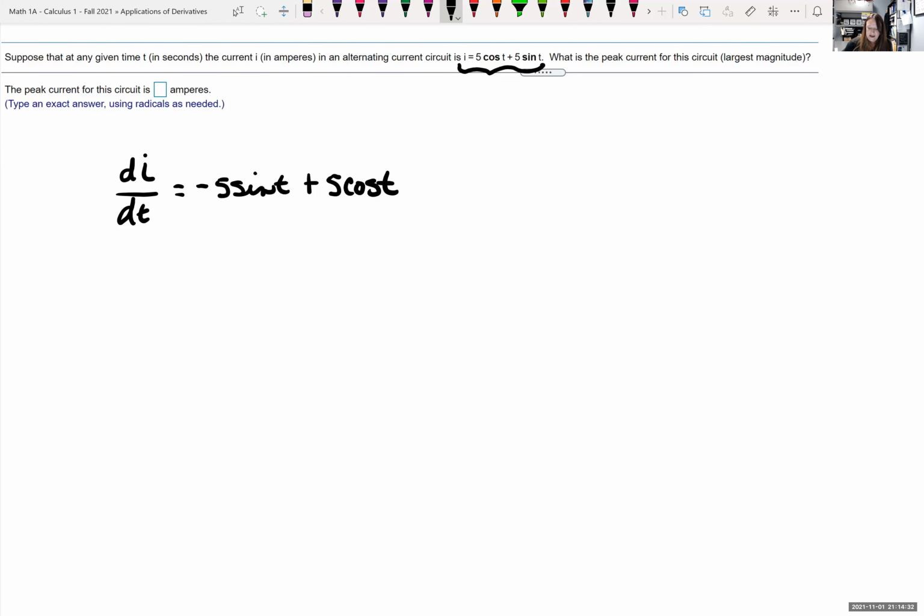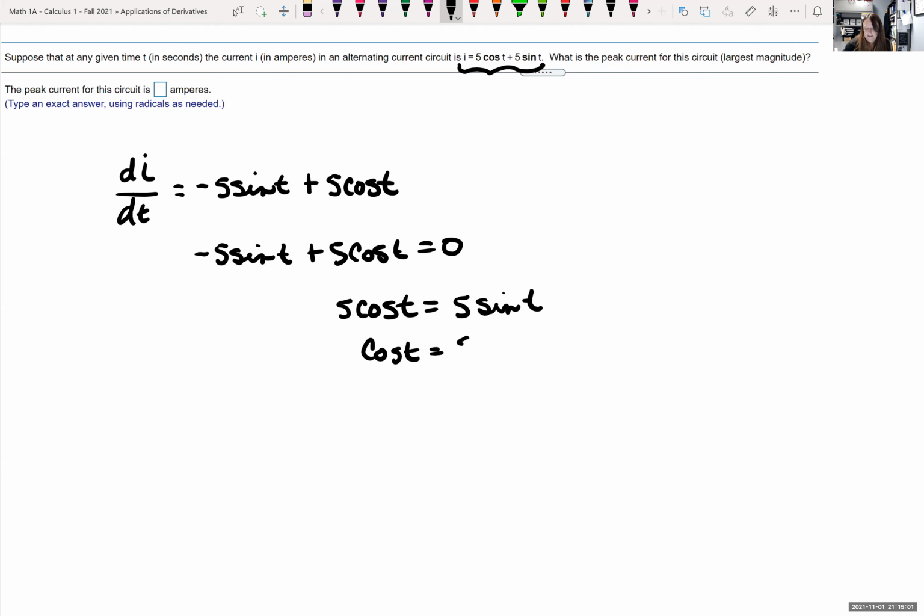So we want to look at when is negative 5 sine t plus 5 cosine t equal to 0? Another way to think of this is when is 5 cosine t equal to 5 sine t, or when is cosine t equal to sine t?